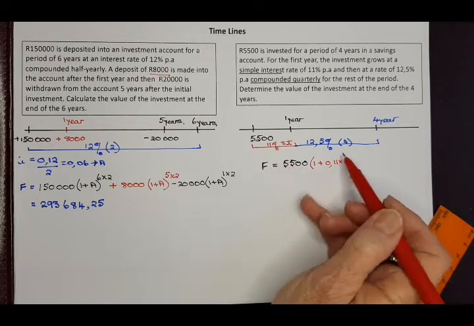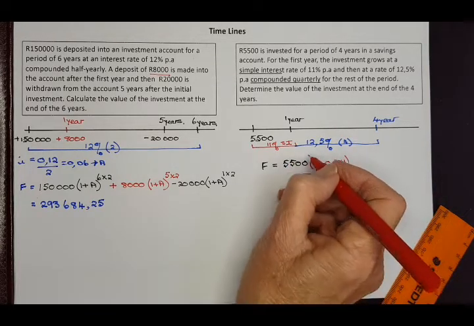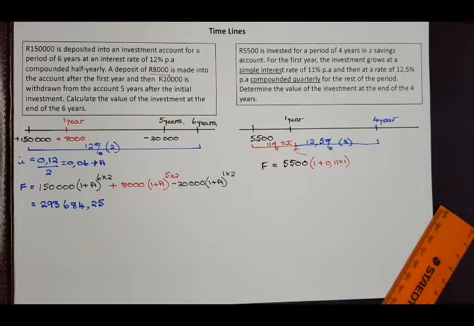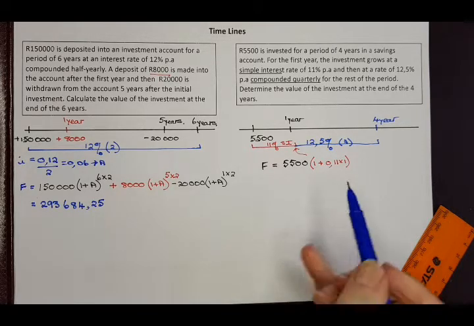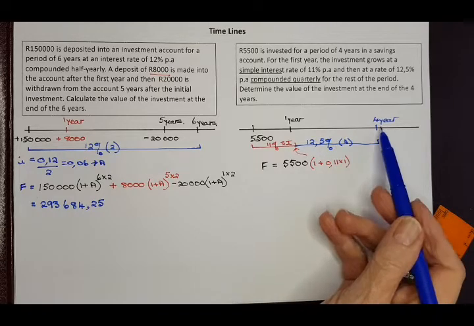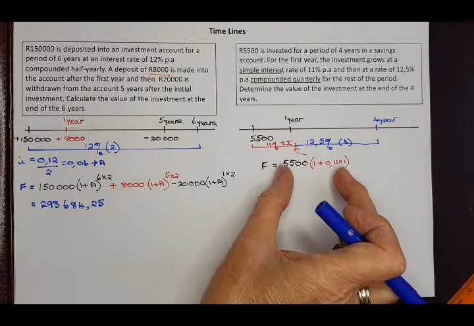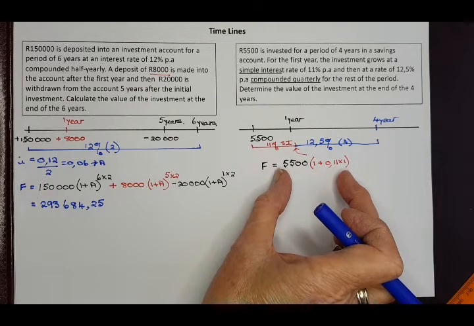Now, this is the total amount of money you have at that point there on your timeline. And this amount of money is then going to be invested at that interest rate for a period of 3 years. So it's like this becomes your new present value.